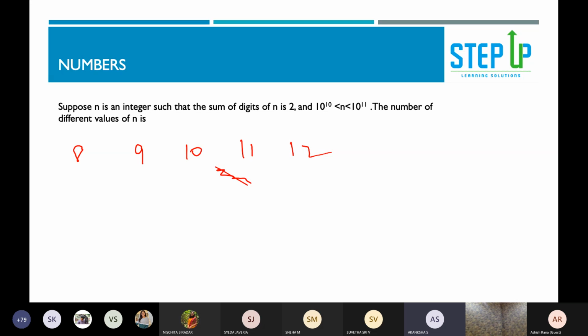Sir, is the answer 10? What answer are you saying? 10. Okay, how come 10? Give me the solution for that. How did you come to 10? Sir, I think it's 9, sir, not 10.